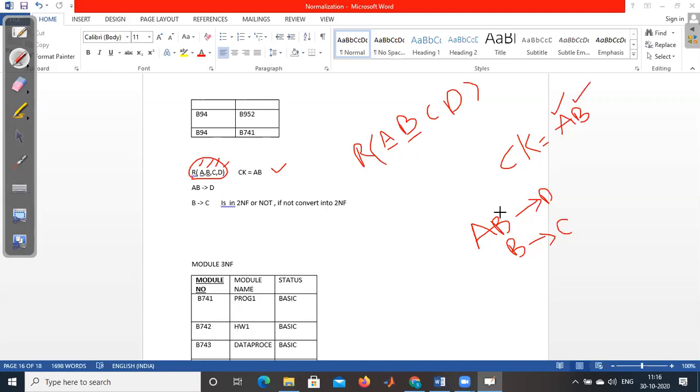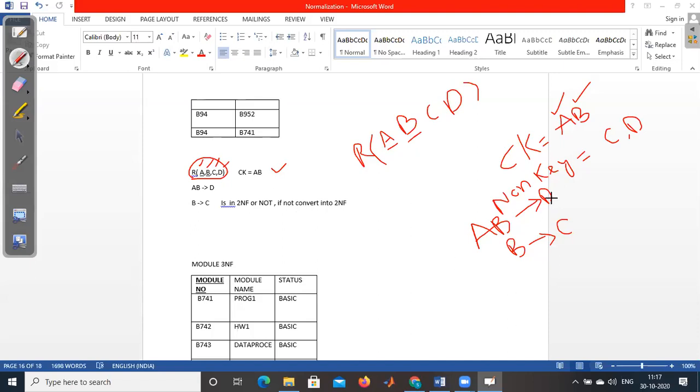The non-key attributes are C and D. Even one functional dependency violating it means the relation is not in the second normal form.